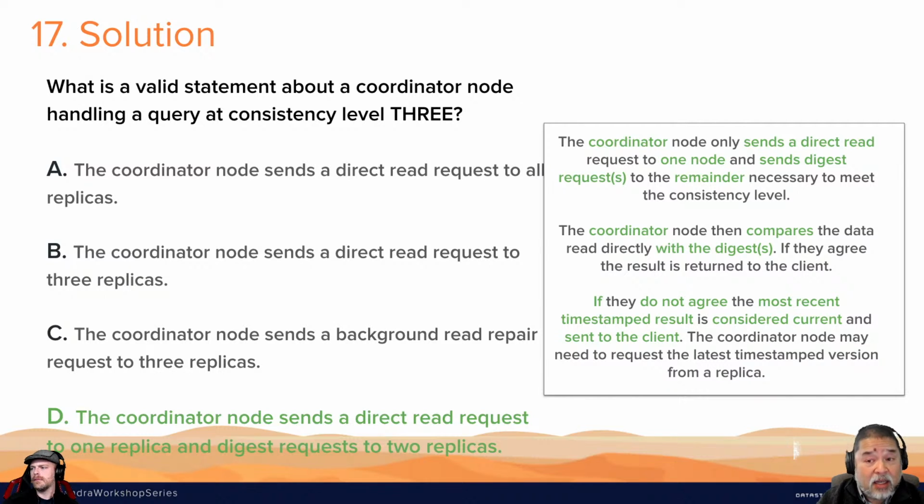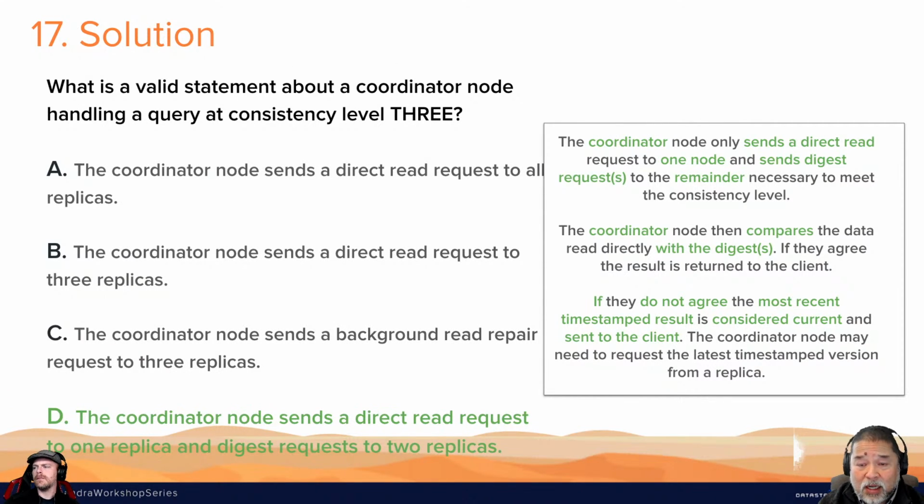It could send a direct read request to all replicas, but if we're requesting a large amount of data, it's got to wait for all 3 nodes to return that large amount of data. A and B, requesting all the data from either all replicas or 3 replicas, involve waiting and potentially long waits for large amounts of data. So right away, I'd say those are unlikely.